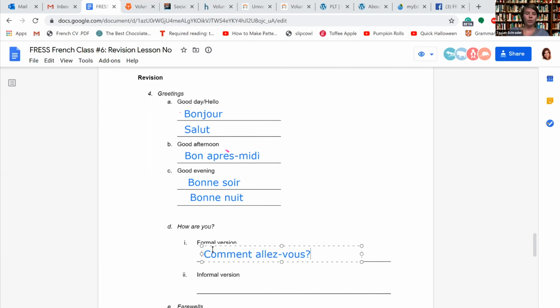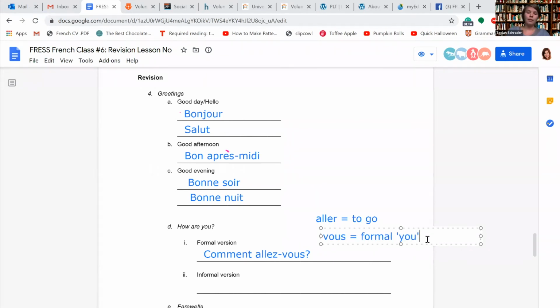Now, this is broken down into comment, which means how, aller, which is the verb aller, which is to go, okay, and vous, which, if we remember, was our formal way of saying you.